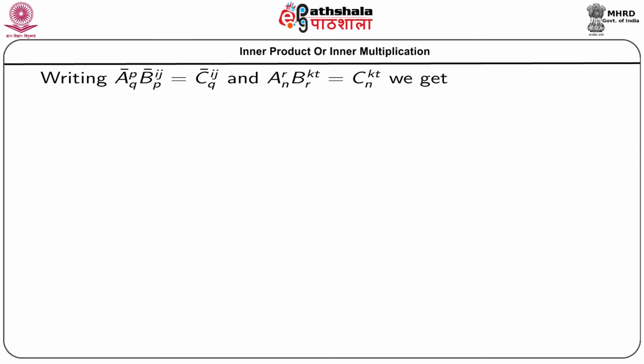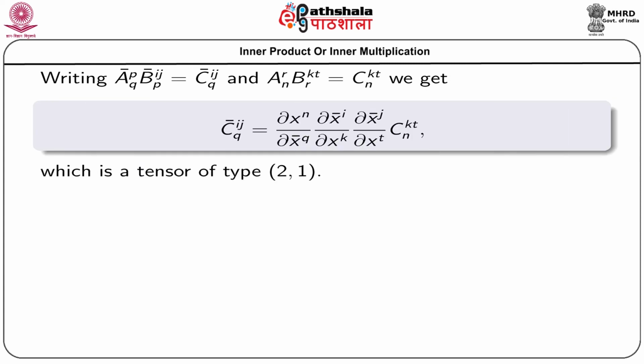Now, writing A bar^{pq} B bar^{ij}_p equals C bar^{ij}_q and A^{rn} B^{kt}_r equals C^{kt}_n, we get this form: C bar^{ij}_q equals del x^n del x bar q del x bar i del x^k del x bar j del x^t C^{kt}_n, which is the transformation rule for a tensor of type 2, 1.